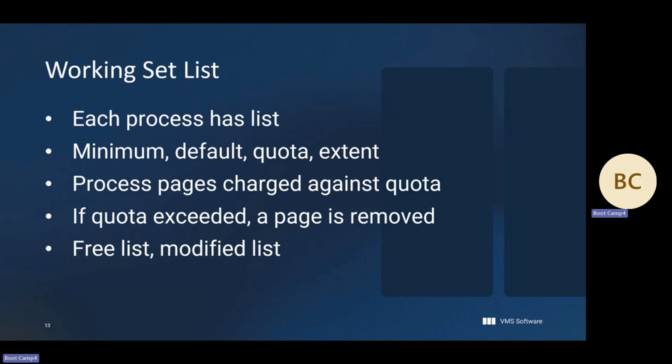The idea is with multiple processes trying to access memory, we don't want to allow any process to take over the virtual memory. So you get so much, and that's the quota. The default is what you start with when you just start up a process. And you get a quota, which is, okay, you keep adding pages and we'll let you go up to so much. And then you can't easily get more than that because we want to let other people have space.